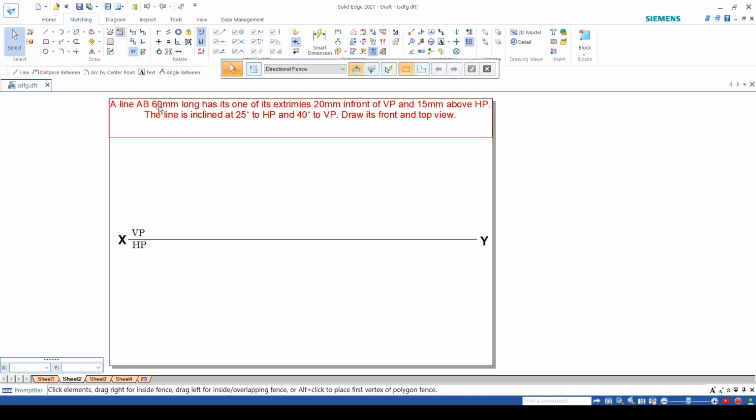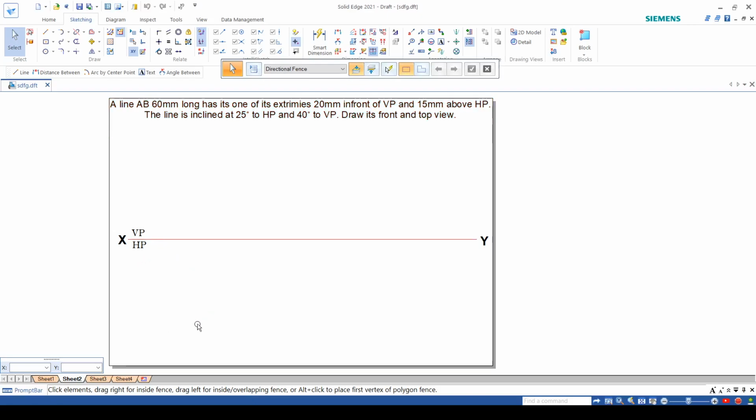So a line AB of 60 mm is given, which means its true length is 60 mm. If it were the projection, it would be given that the projection length is this, but here it's given as a line AB of 60 mm. So it's the true length, and one end has its extreme 20 mm in front of VP.